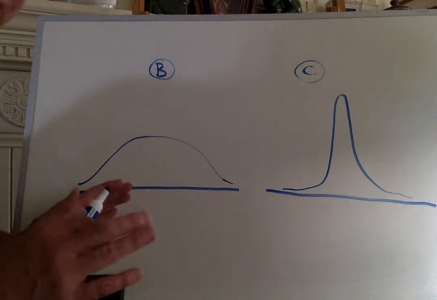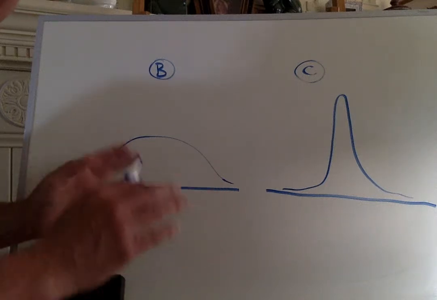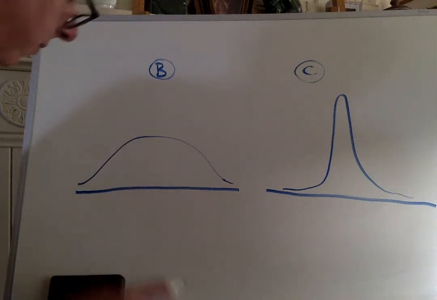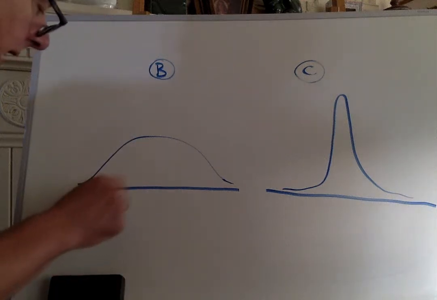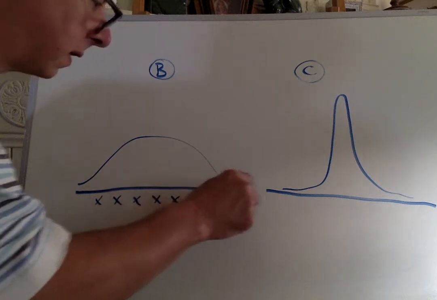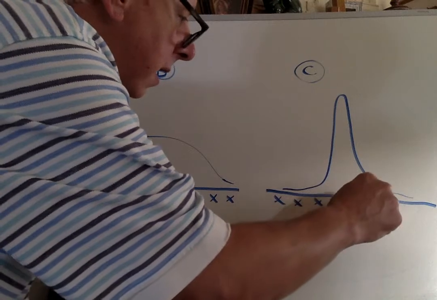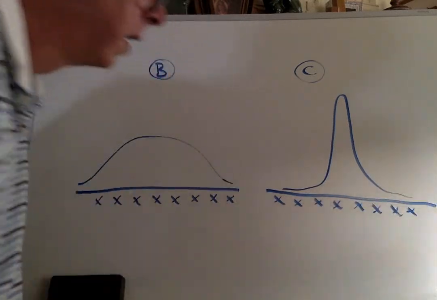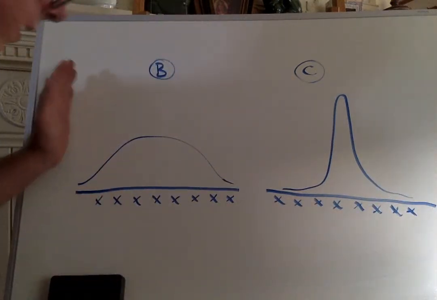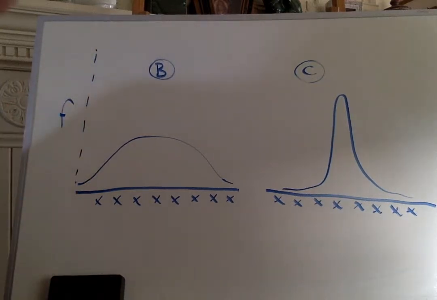And let's remember what these frequency histograms represent, right? These are X values down here. This is along some number line. And then there's an implied frequency axis, the y-axis.